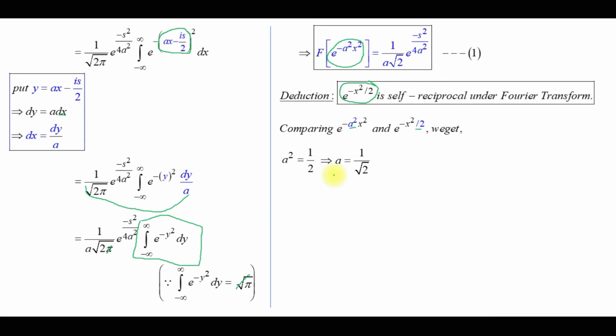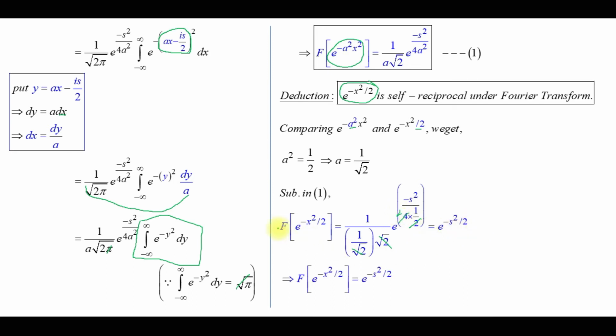So substituting in equation 1, that is, substitute a square equal to 1 by 2 or a equal to 1 by root 2 in equation 1, we have Fourier of e power minus x square by 2 equal to 1 divided by, what is the a value? 1 by root 2 into root 2 e power minus a square by 4. What is the value of a square? This is 1 by 2. So the square root 2 gets cancelled, which is equal to e power minus x square by 2.